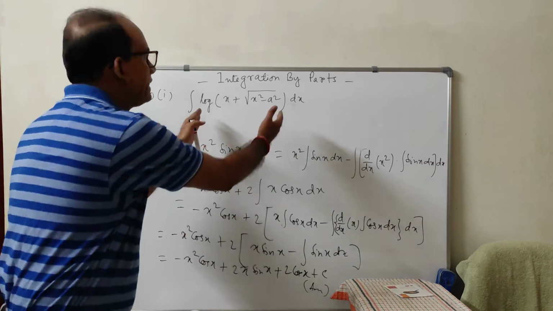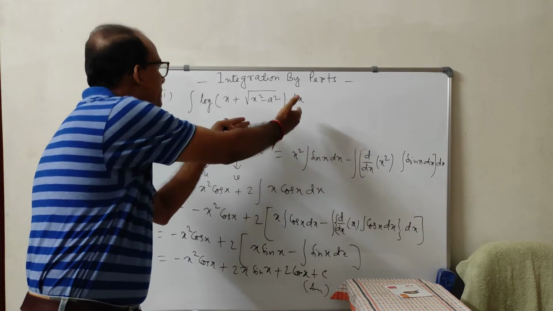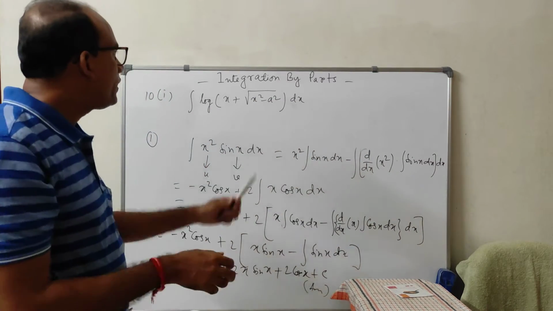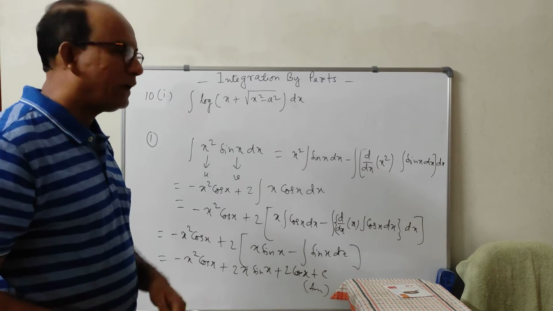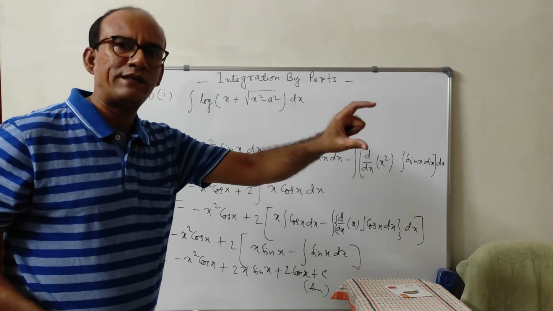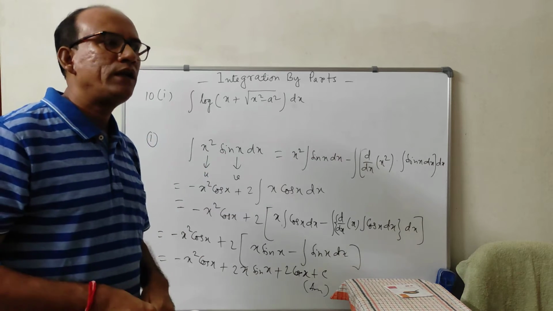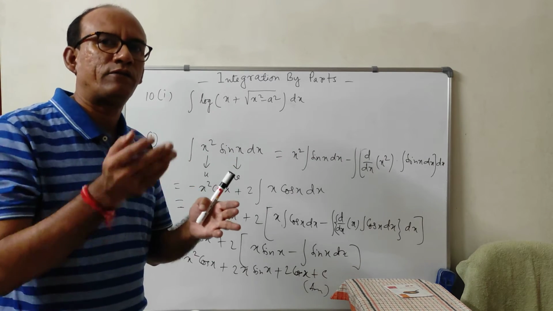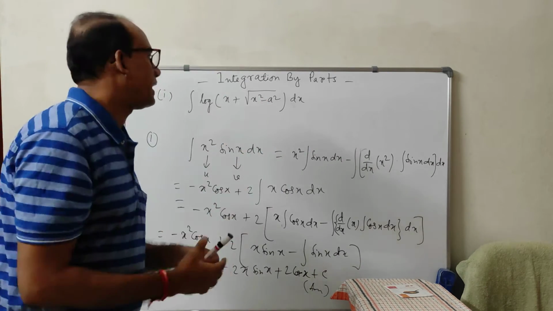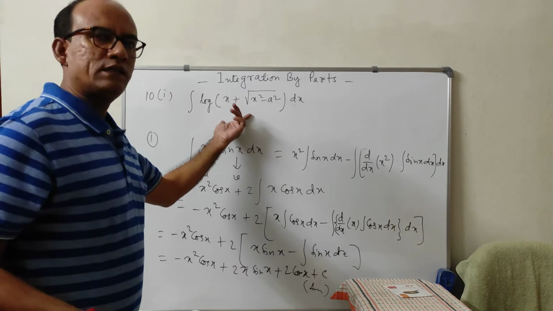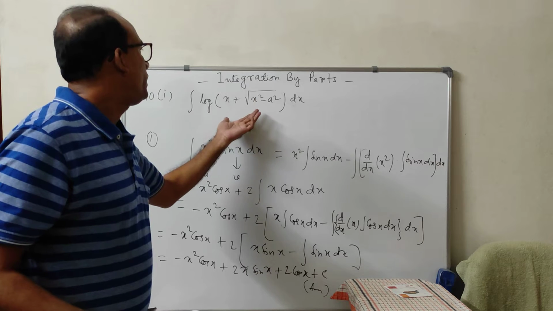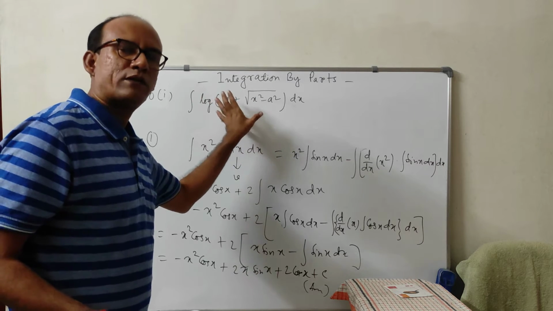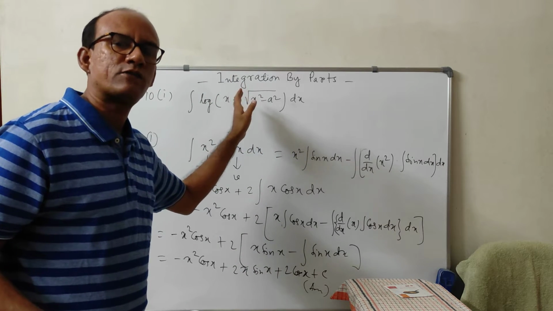So this is a single function, log of x plus root over of x square minus a square. You need to take this whole function as first function, because in the rule of integration by parts we need not integrate the first function at first hand. So obviously this is our first choice, so we must take log of x plus root over x square minus a square as first function.